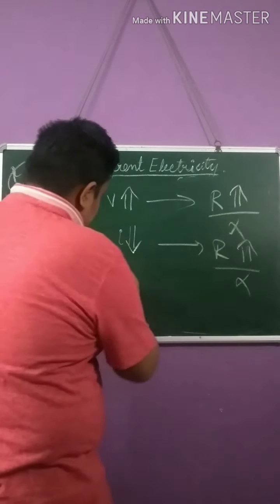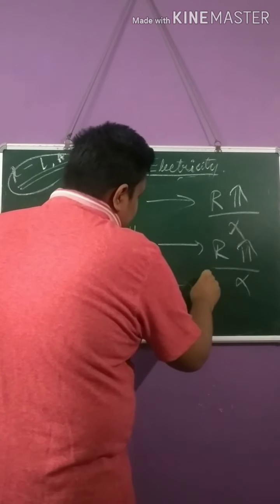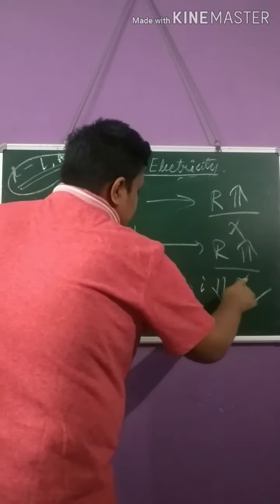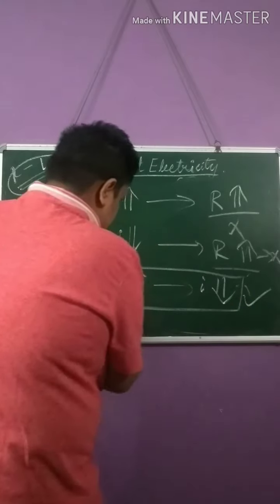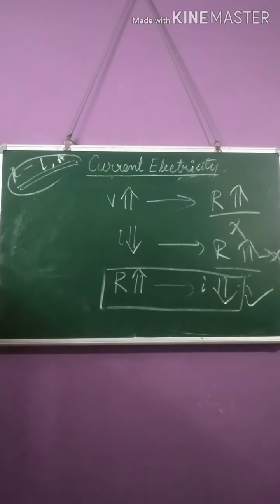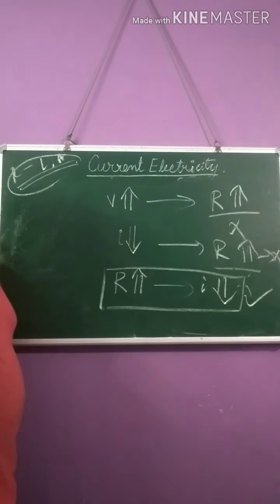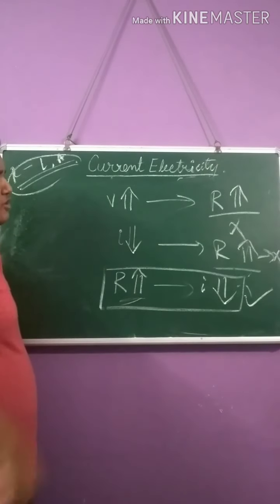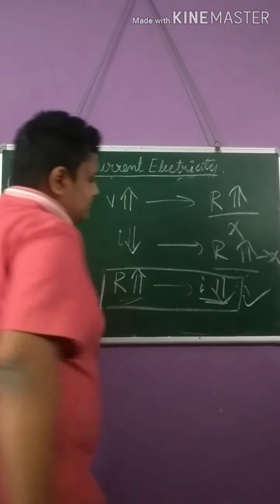But when resistance increases, current will obviously decrease. This is true, the other is false. Why is it so? Because resistance is the obstruction faced by the flow of electrons, and when obstruction increases, electron flow decreases, and as a result current decreases.